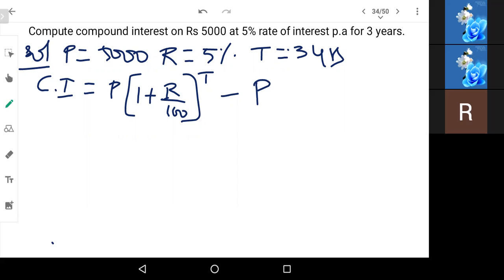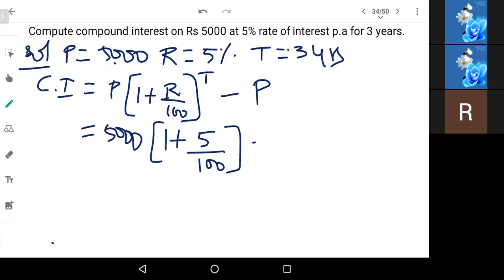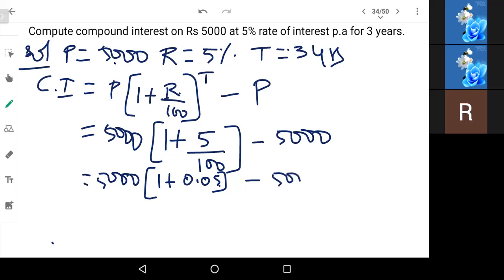Now let us solve this. Principal is 5,000 into 1 plus R is 5% divided by 100 minus principal 5,000. Now if you solve this, 5,000 into 1 plus 0.05 minus 5,000. Oh, sorry, I forgot the T value, to the power 3.